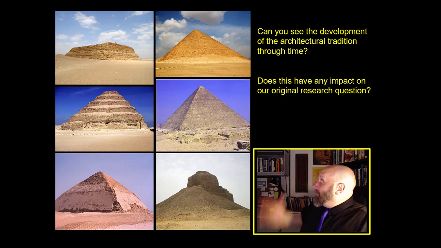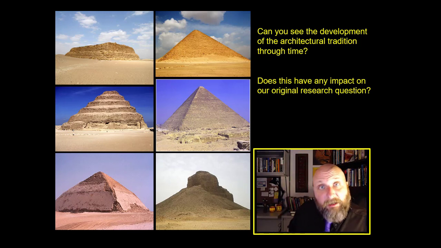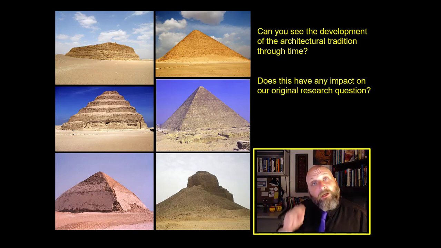We have it, and even in those 6 images on the left side, you can see the rise and fall of an architectural tradition. Does this have any impact on one of our original hypotheses? Because it should. It should cause big problems for one of our hypotheses.